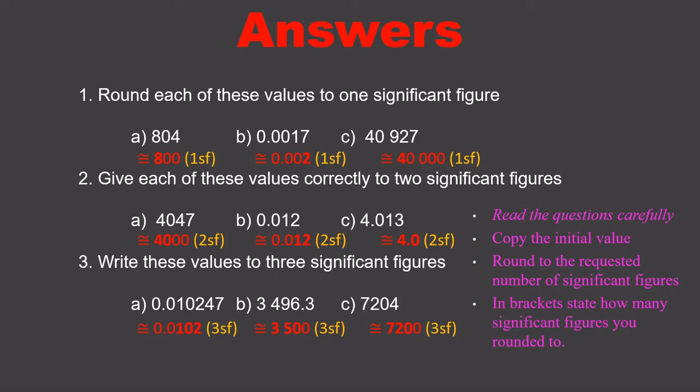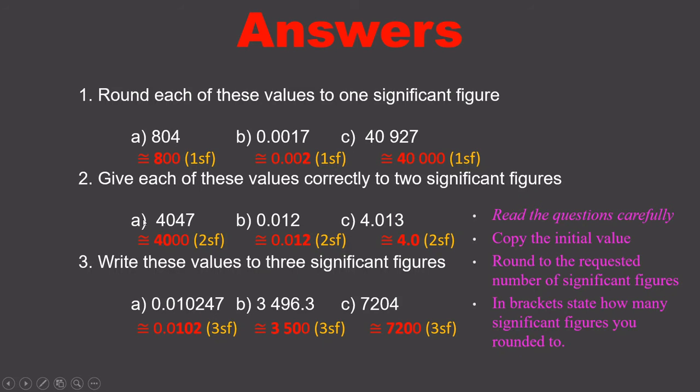You might have also noticed that I put some digits in bold. Those are your significant figures, so that you can clearly see that although question 1A has got 3 digits to it, only the 8 is significant. These 2 trailing zeros are not significant. And B, only this 2 is significant. The leading zeros are not significant.